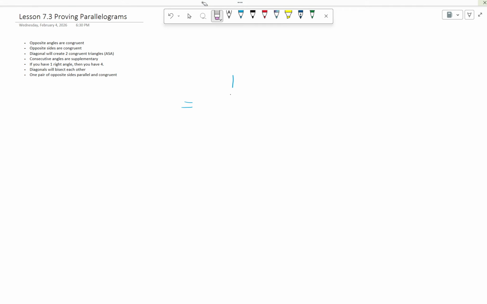With slope, we could show the sides are parallel. Here's where it gets kind of tricky: if we have the opposite angles congruent, we don't have any way to calculate the measure of an angle using slope, with the exception of perpendicular lines, where we can do that.